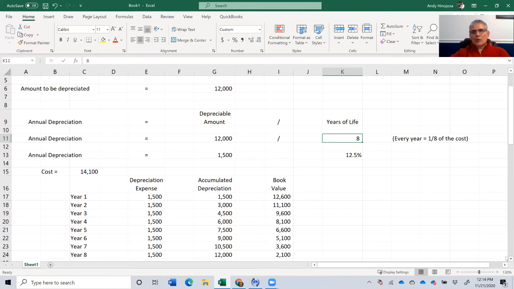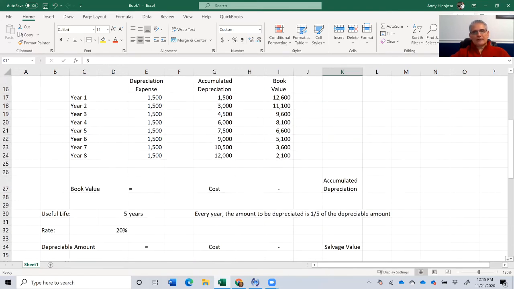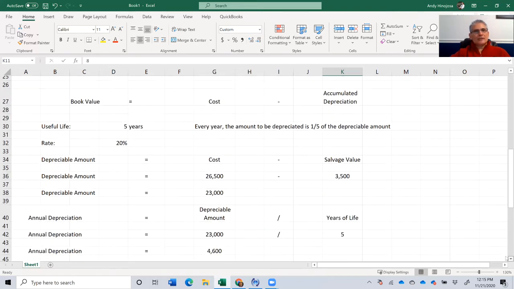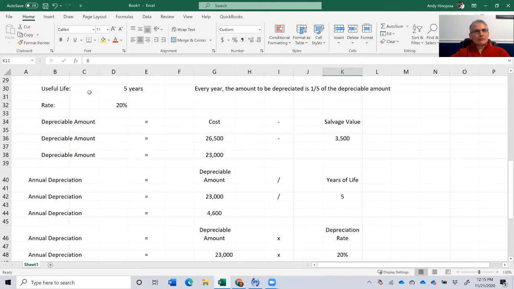Well, the same logic holds for 5 years, except now instead of 8, it's 5. So for 5 years, every year the amount to be depreciated is 1/5. And as a percentage, 1 divided by 5 is 0.2 or 20%.